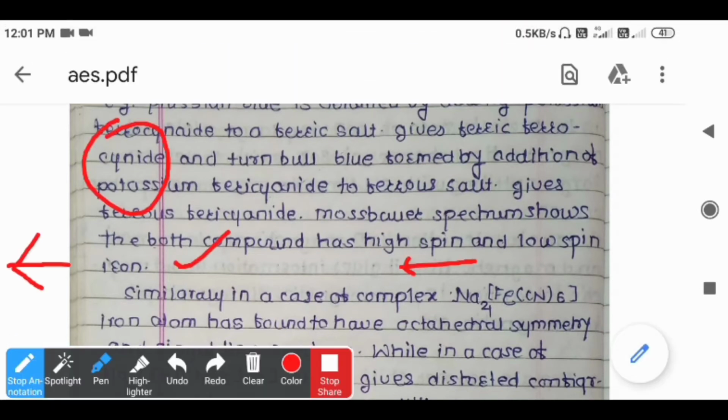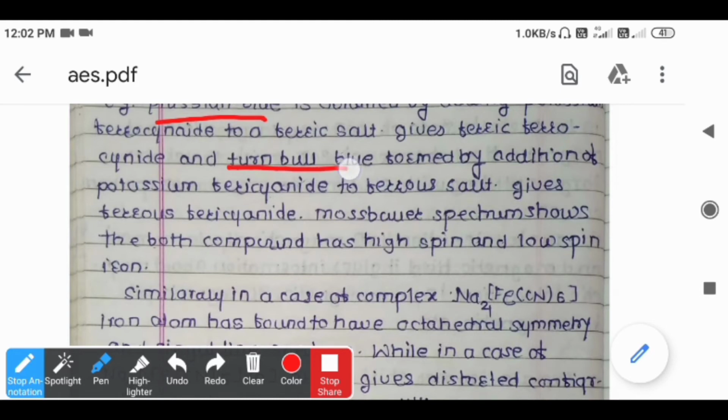So overall, there are two dyes: one is the Prussian blue and another one is the Turnbull blue. These two compounds differ in their coordination sphere, the secondary sphere and the primary sphere. So there is a difference in the oxidation state of these two dyes.